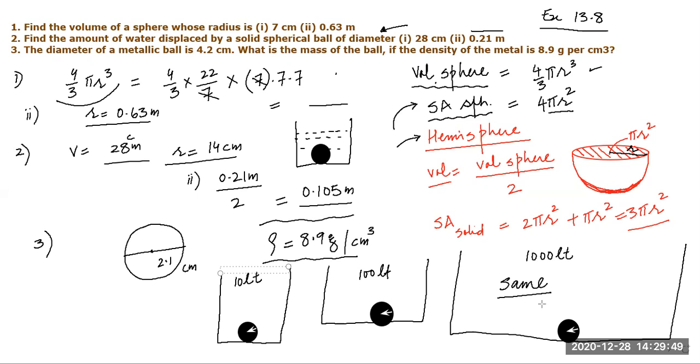The same. Why? Because the volume of the sphere is the same. So the water displaced does not depend upon how much water is already there in the container. It only depends upon the volume of the sphere. Is it clear, Pranav? Yes, sir. Thank you very much.